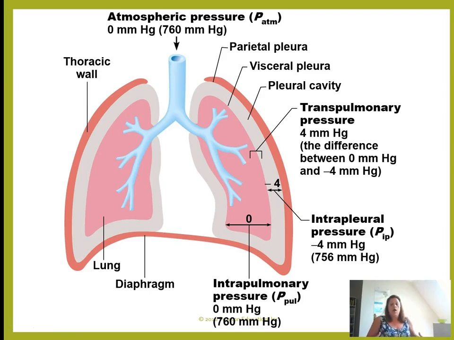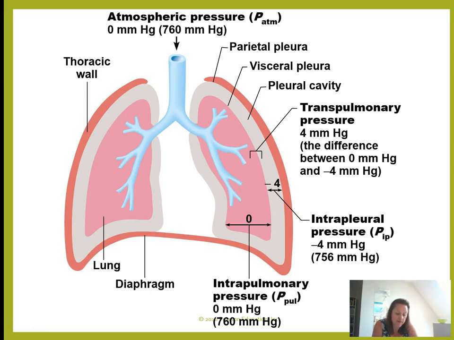You contract those muscles, you get extra volume, again, more air. Quiet expiration, all you do is you stop contracting your diaphragm and the muscle recoils, pushing the air out. So it's all about pressure, all about pressure.